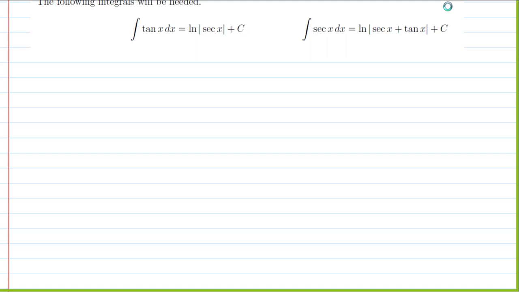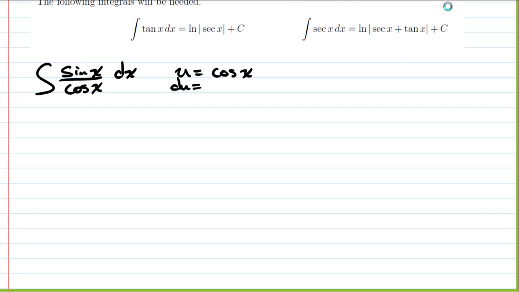We want to do the integral of tan x dx. So our strategy for that is to write tangent as sine x over cosine x dx. And then we're going to let u equal cosine x. So then du is negative sine x dx.